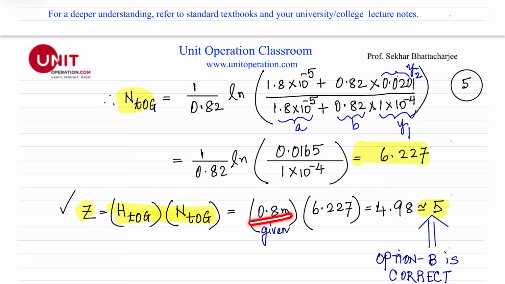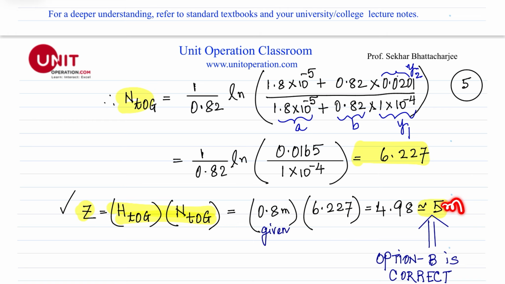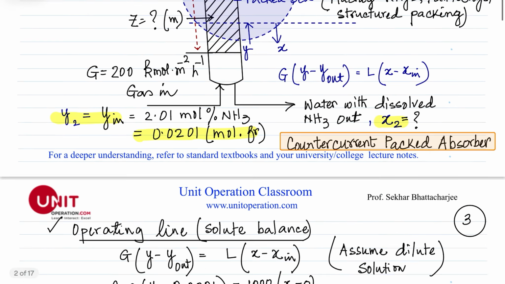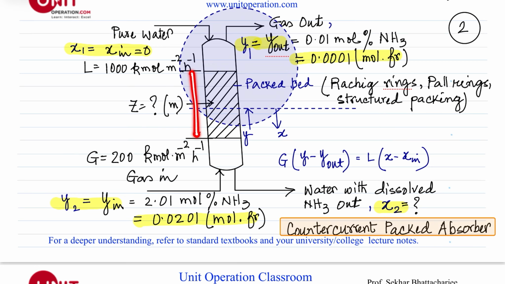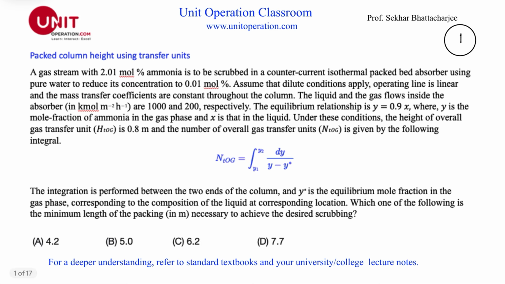HTOG is already given, so that's 4.98. So basically, 5 meters of height is required to achieve the desired change in concentration. Z is equal to 5 meters. So B is of course the correct option.